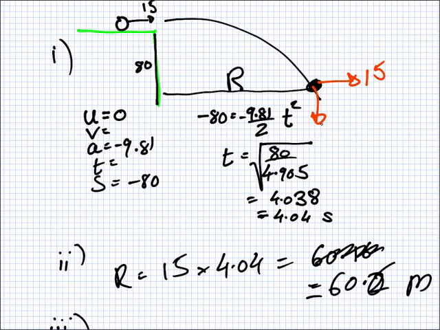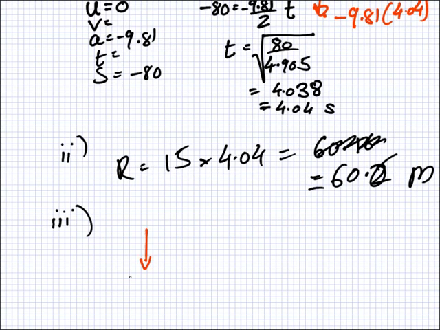We need to get this one, which is U plus A T. So, what is that? 9.81 times 4.04. 39.6, 39.63. And then this one here is 15.